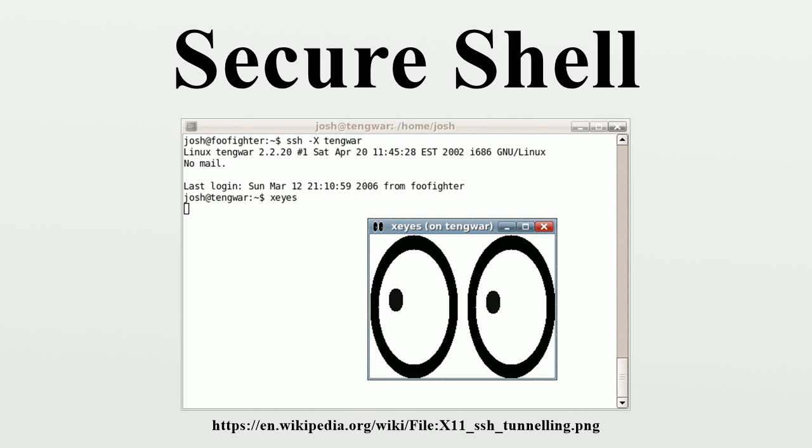RFC 6239, Suite B Cryptographic Suites for Secure Shell. RFC 6594, Use of the SHA-256 Algorithm with RSA, Digital Signature Algorithm, and Elliptic Curve DSA in SSHFP Resource Records.